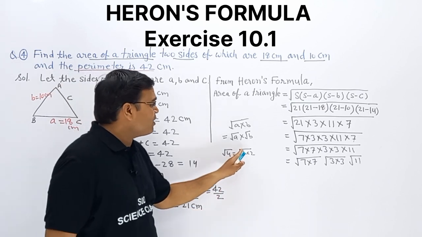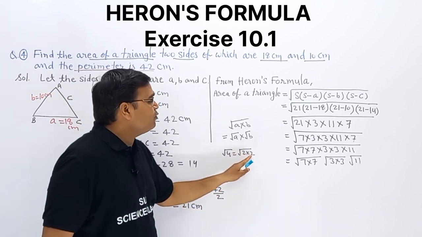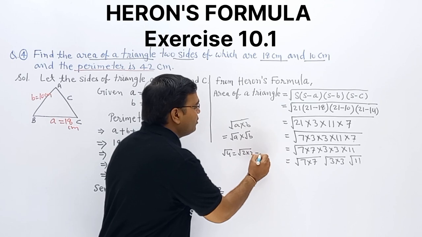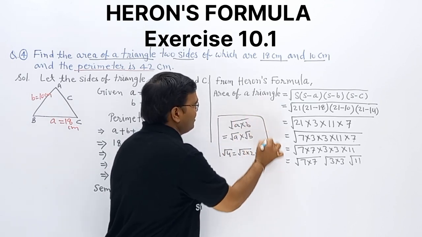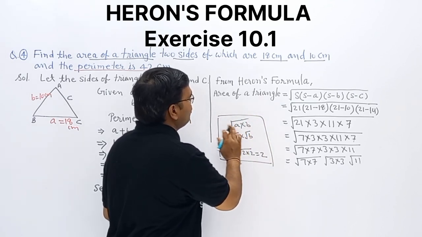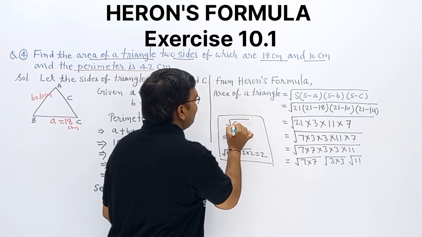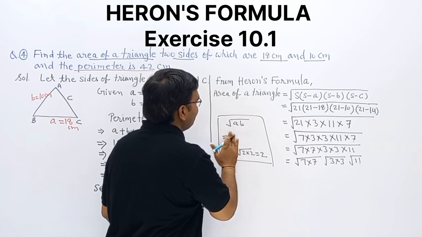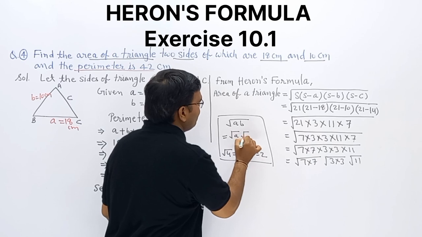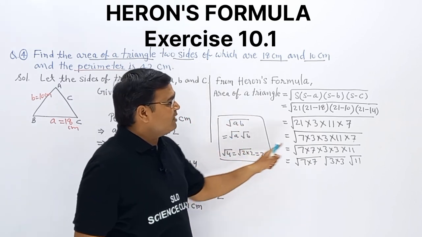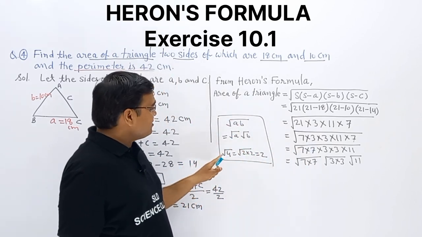The square root of 2 into 2 will be 2. We follow these things. First, the square root of A into B can be written as square root of A into square root of B. We apply that here.